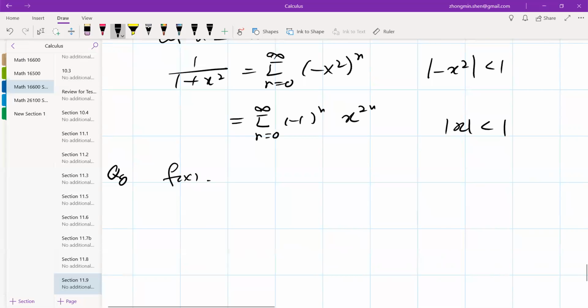So the function here is x over 2x squared plus 1. Find the power series representation for this function. Okay. How can I do that? Wow. There are a couple of ways to do it maybe.